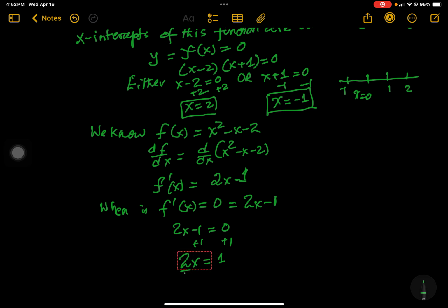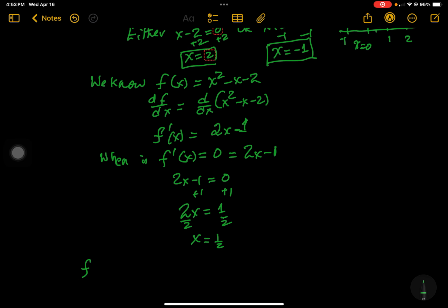Then we divide by 2 on both sides. So what do we get? The x value is half. Now (half, 0) is a point inside the interval between (minus 1, 0) and (2, 0). Remember, half is somewhere over here. This is half.